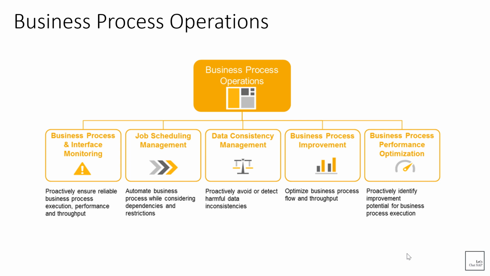Interface Monitoring. This tool is used to monitor the technical integration between multiple SAP systems or SAP and non-SAP systems. For example, say you have an S/4HANA system in your SAP landscape and you have integrated it with SuccessFactors.